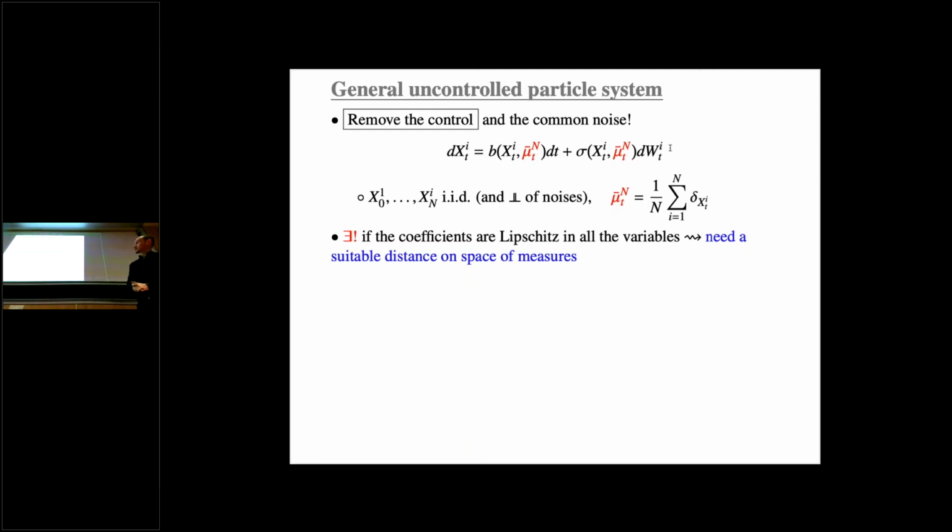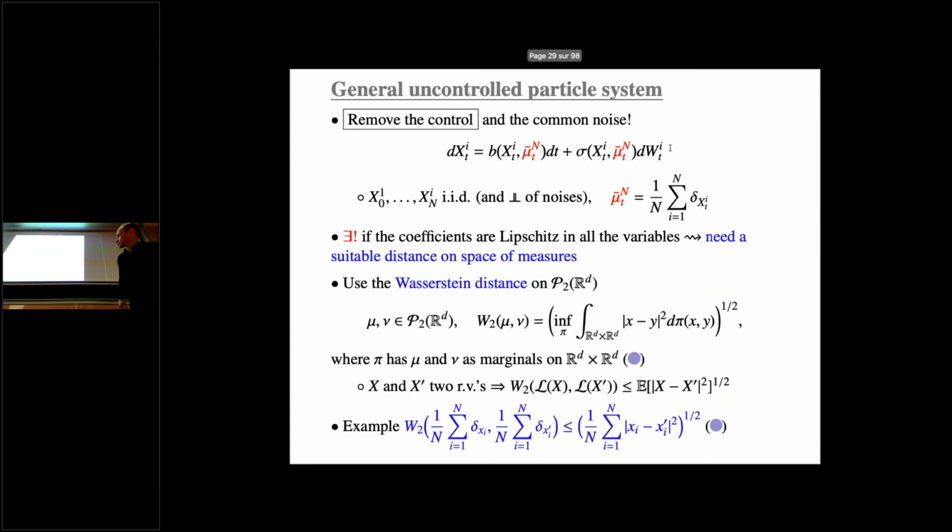And you see that in the drift, there is no alpha. So no action, no control. And mu bar is as before. This is the empirical state of the population. And I'm wondering about the limit of this particle system as capital N tends to infinity. Okay, so the limiting equation will be what we call the McKean-Vlasov equation.